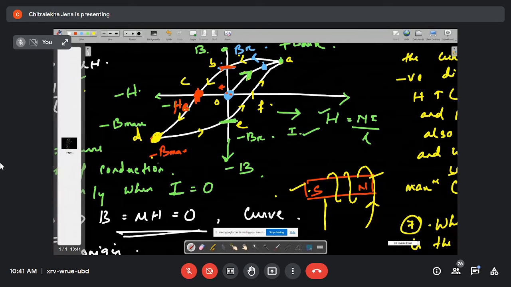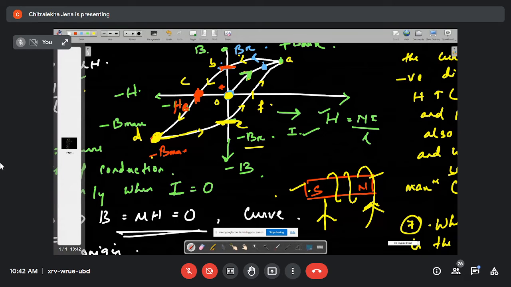Okay. So now what will I do? I will increase the current in the other direction. I am having a current in this direction. Now I will pass a current again in this direction. So what will happen? Now at this point, current is equal to 0, right? At this point, current is 0, but I am still having some flux density inside it.